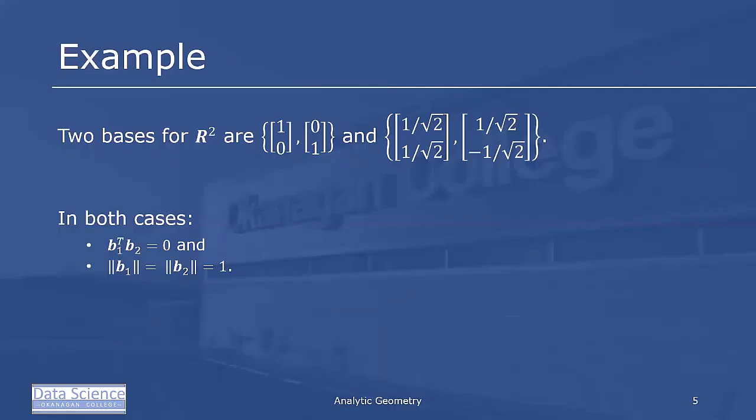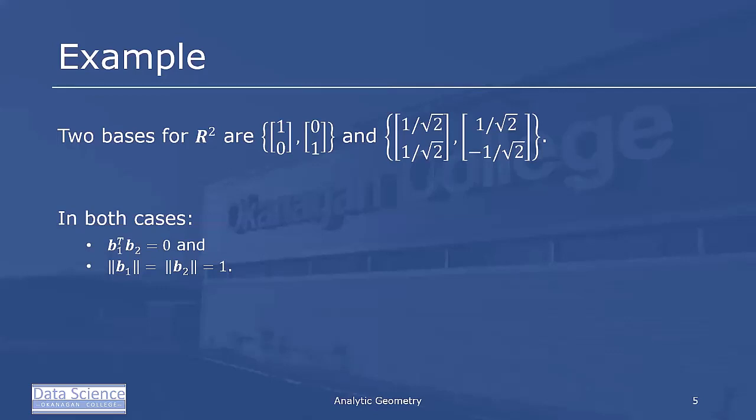Here's an example of two bases in R2. Our standard basis, 1, 0, and 0, 1. We can see that B1 transpose B2 is 0, and that B1 transpose B1 is the same as B2 transpose B2, and those are both equal to 1, because they're unit length.